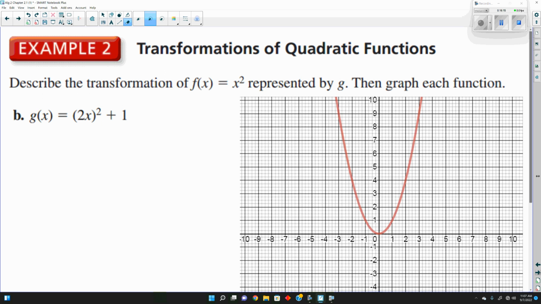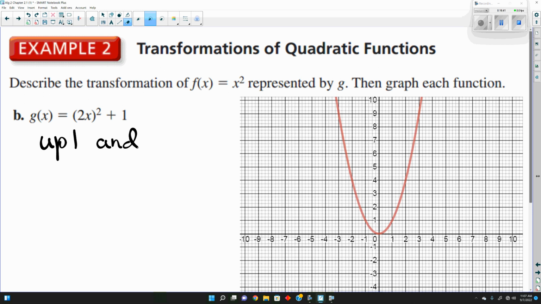So we have two transformations, yes? What's the easier of the two to identify? Well, we have the 2 in the parentheses, yes? We also have what? The 1. Well, what's our plus 1 doing? Up 1. I mean, that's up, down, left, right. Those are the easier ones to name.